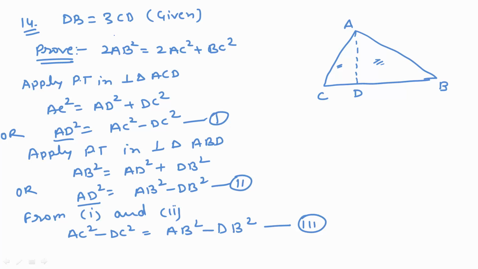It is given that 3CD is equal to DB. Therefore CD is equal to BC by 4.